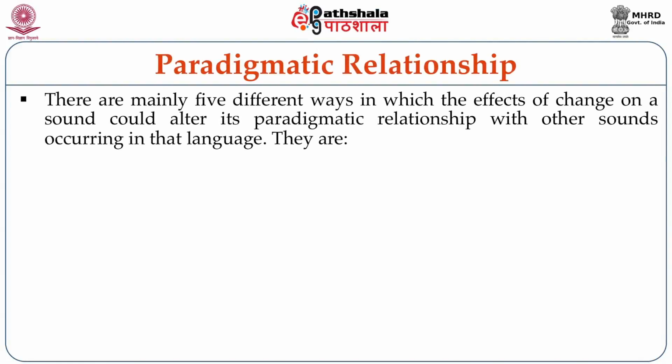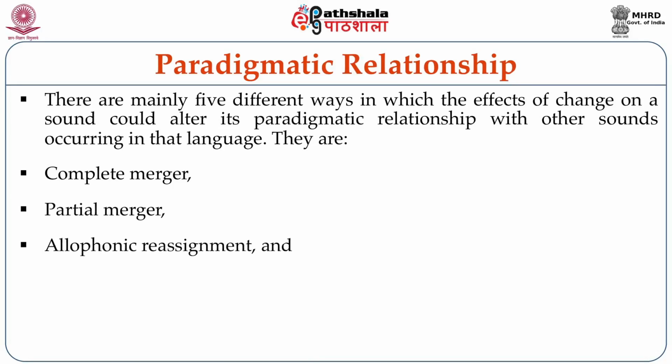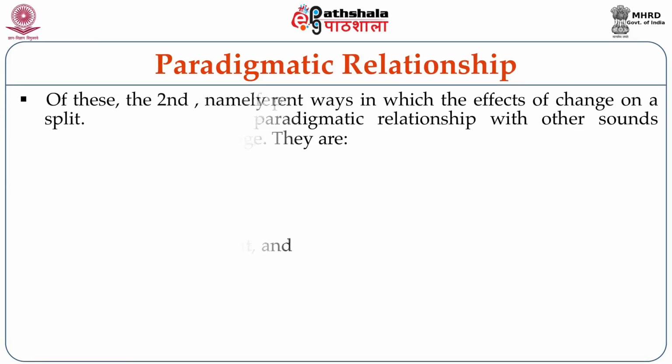So, paradigmatic relationship. There are mainly 5 different ways in which the effects of change on a sound could alter its paradigmatic relationship with other sounds occurring in that language. They are complete merger, partial merger, allophonic reassignment, split, and phonemic shift.